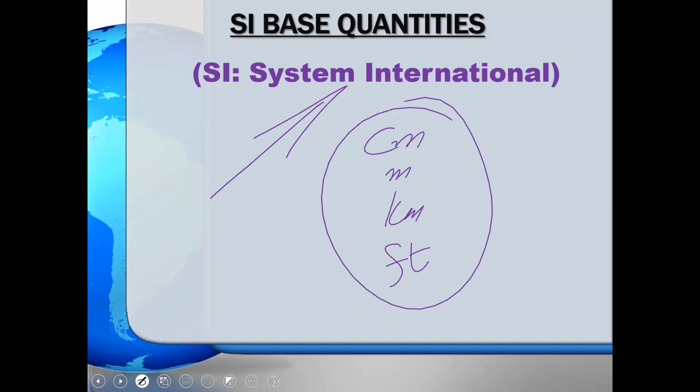So some people together thought about a unification system. What is the idea of unification? Let's agree on one unit for every quantity. For example, meter is defined as an SI unit. This is called System International. It is a unified system of units and quantities, because we need unification so that if you make something in Pakistan and you want to sell it anywhere else, the other people can get the same standard. They can understand what you are selling.